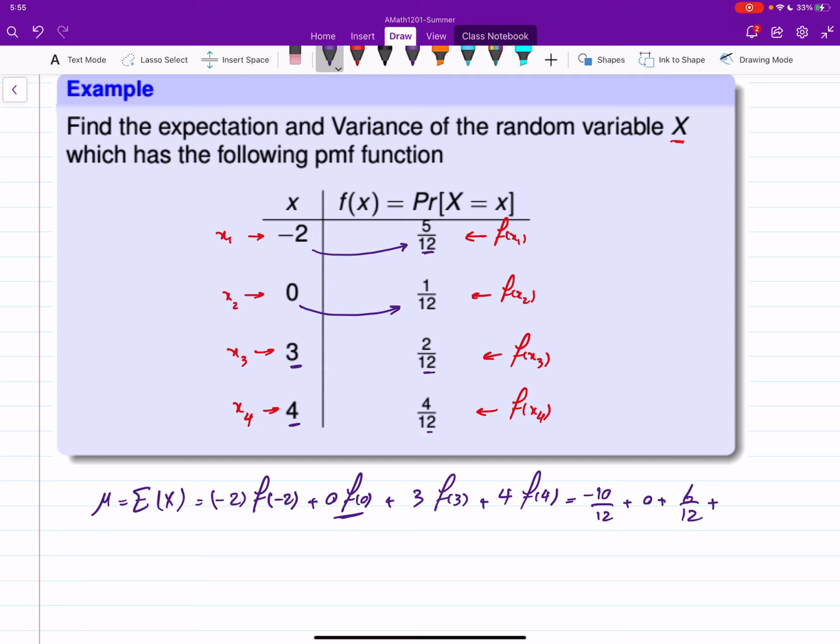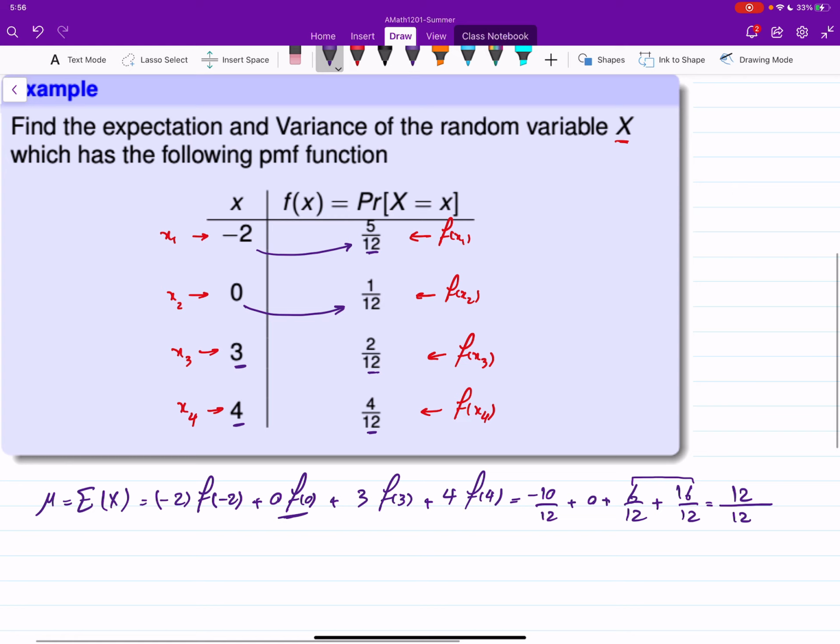And 4 times 4 over 12 is 16 over 12, yes? All of them have this common denominator. Well, this is 22 minus 10. This is 12 over 12, which is equal to 1.